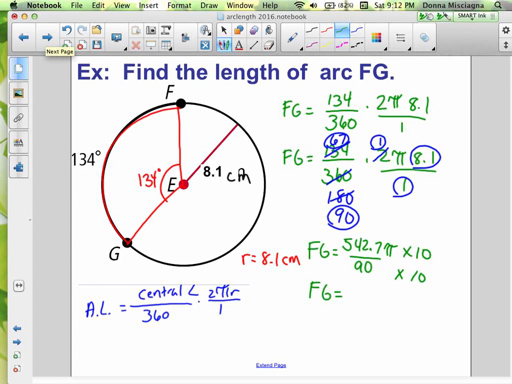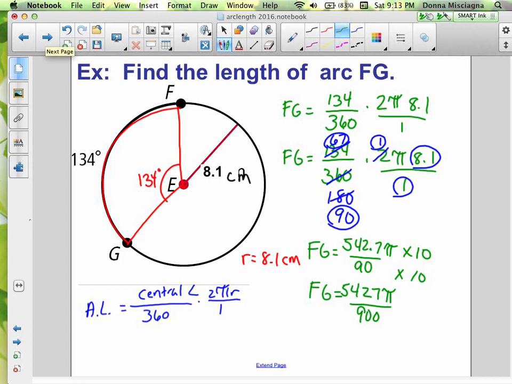542.7 pi times 10 is going to give us 5,427 pi. And 90 times 10 would be 900. Now sometimes you can reduce after this.